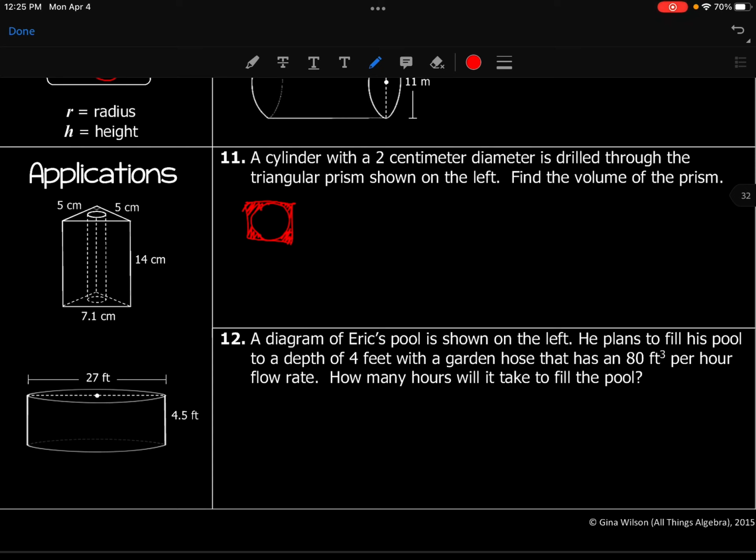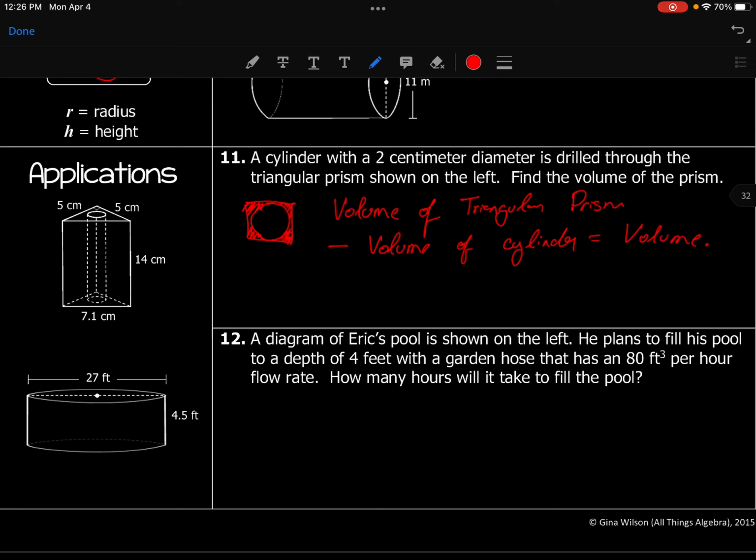Well, this is a simple volume of triangular prism minus volume of cylinder will give you the volume of what is left.